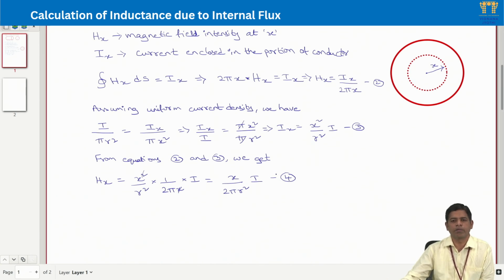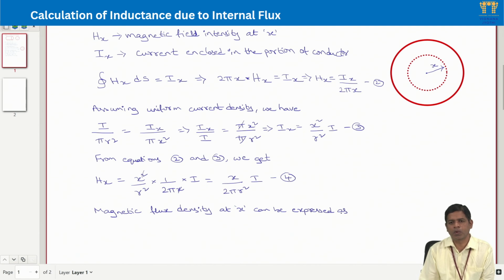Right. Now, if I want the magnetic flux density at point x from the center of the conductor, that can be expressed as Bx, where Bx is the magnetic flux density at x meters from the center of the conductor, is equal to mu into Hx, right?